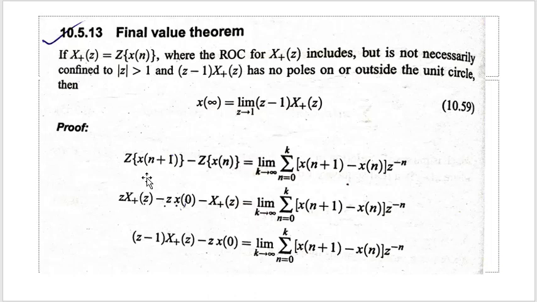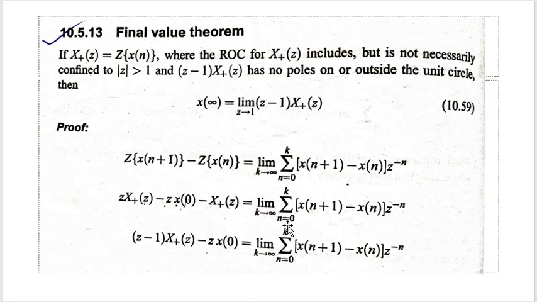Now if we perform the z transform of this, that would be z X plus of z minus z x of 0, and the z transform of x of n can be represented as X plus of z. So this is on the left hand side. You can say this is the z transform of the next sequence, so that's why it is z X plus of z minus z x of 0.